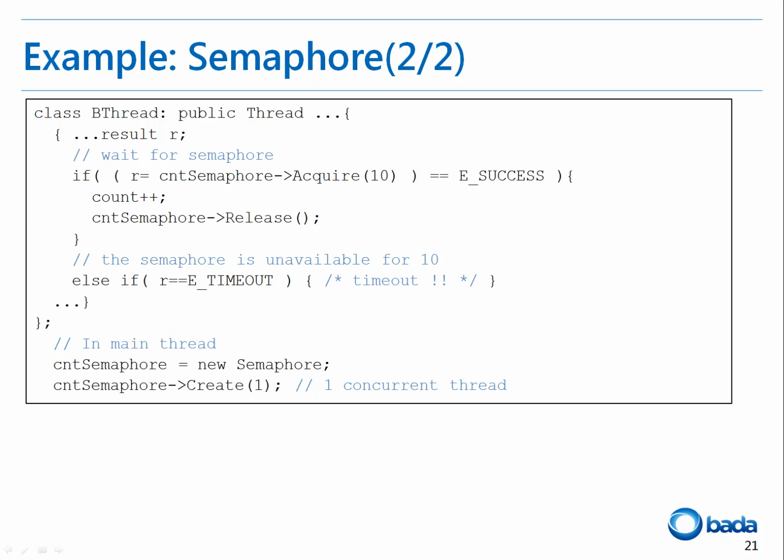If the returned value is not successful, the corresponding operation is to be performed, since it indicates that acquiring the semaphore has failed. If the returned value is successful, the thread can access the shared resource since it indicates that the semaphore has been acquired.